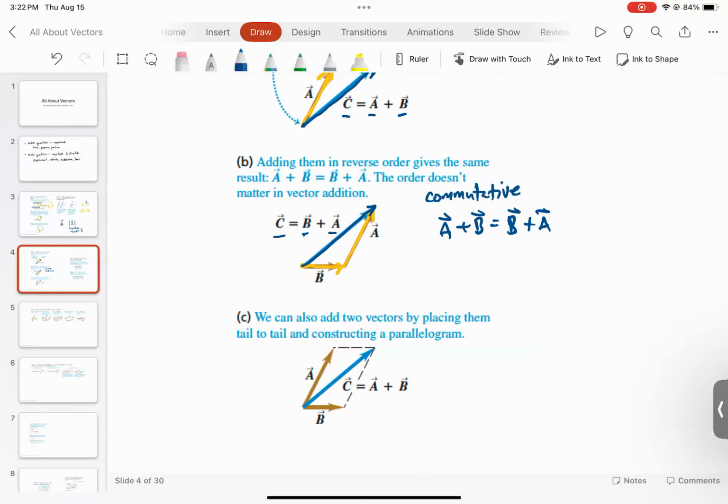Okay, vector addition is commutative. Okay, there's also another way to draw this graphically.